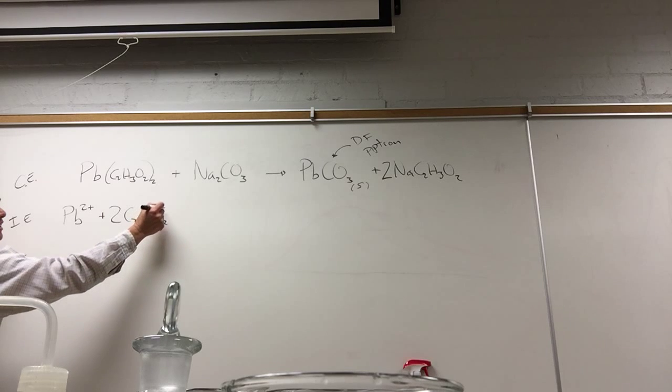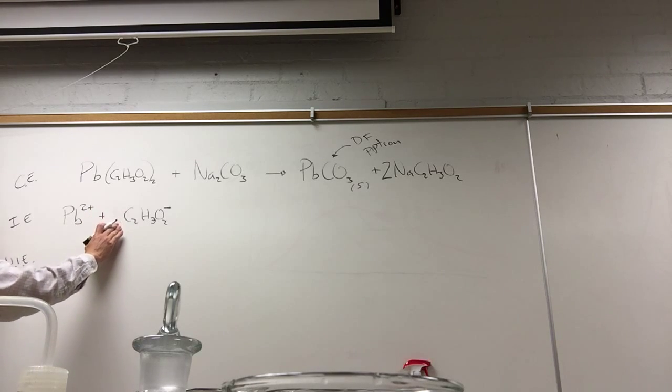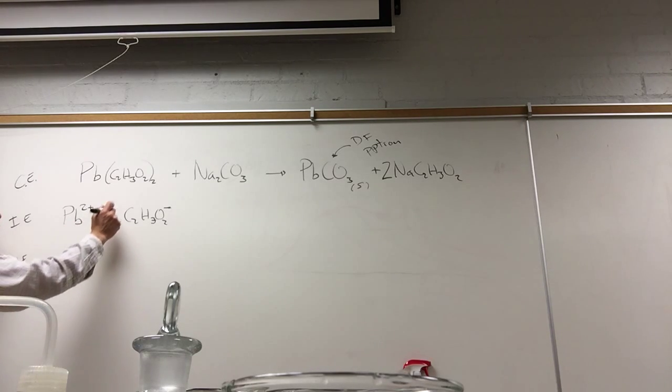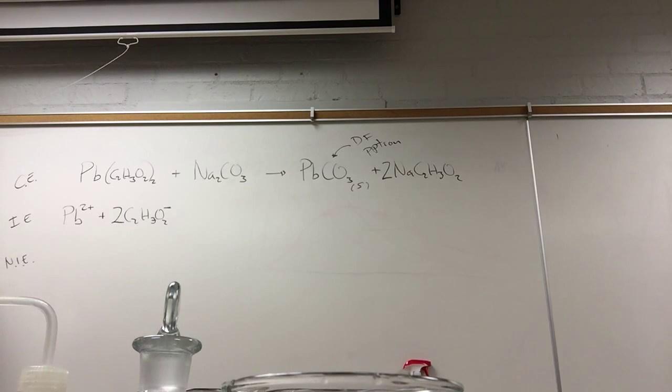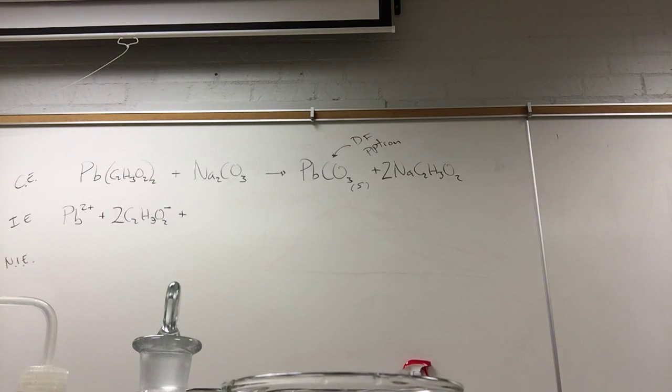Common errors here are people don't write the charges, or people don't balance it. They just write 1 acetate rather than 2 acetates. It's a common error. Sodium carbonate. Strong acid, strong base, or soluble salt? Soluble salt.